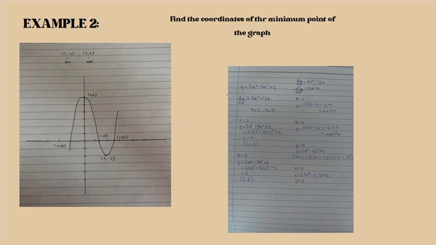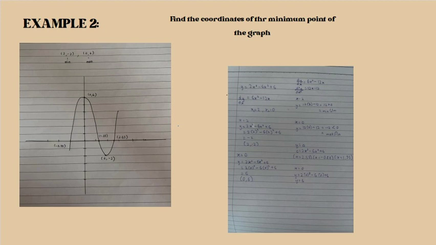Example 2. Find the coordinates of the maximum or minimum point of the graph y = 2x³ - 6x² + 6. Differentiate it and it becomes dy/dx = 6x² - 12x. So x = 0 or x = 2. Replace x with 2.